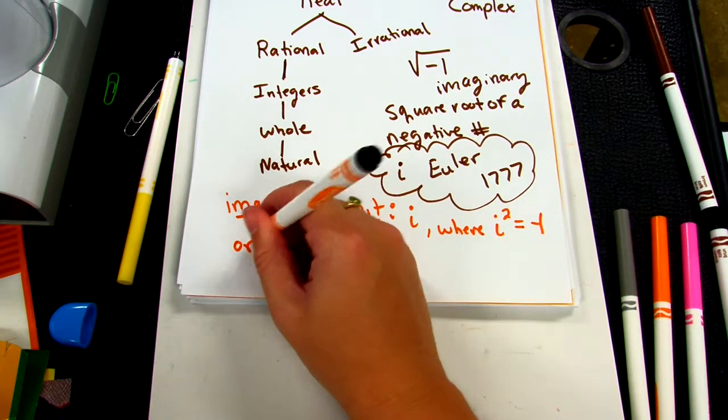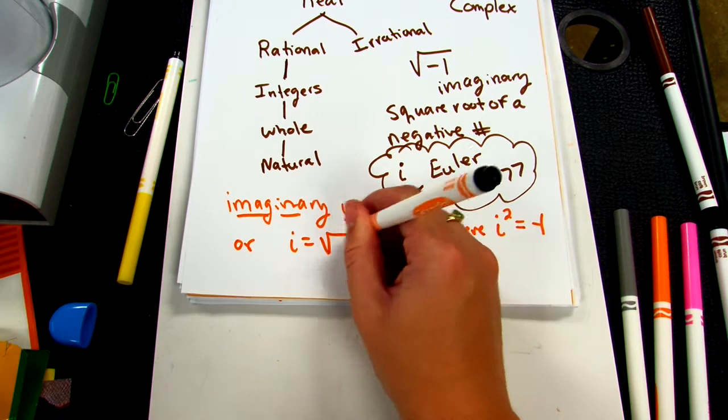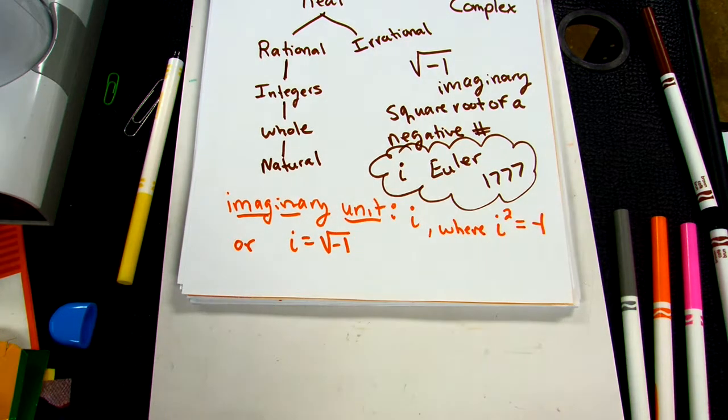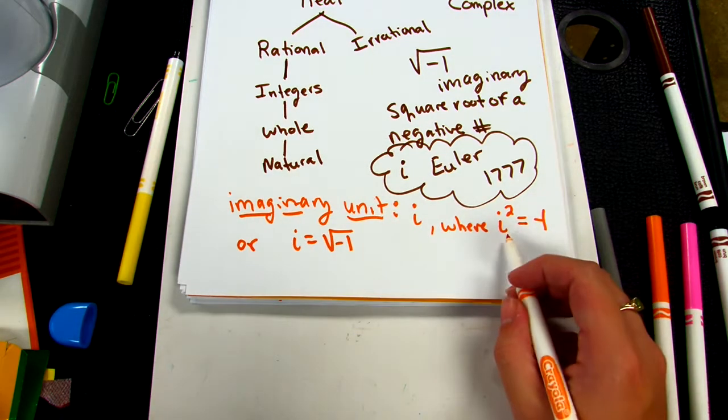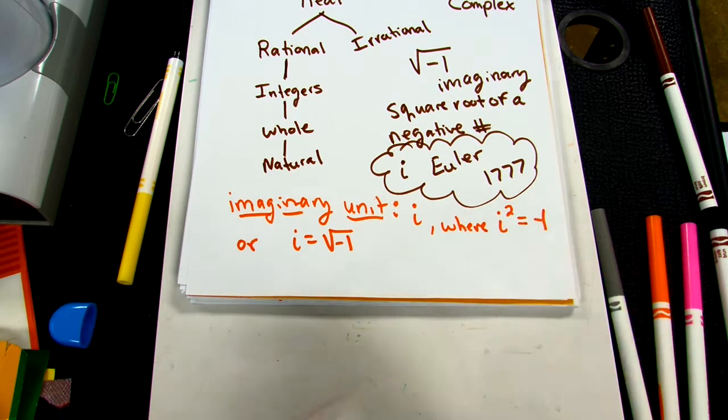Or you could say that i is equal to the square root of -1. So the question is, why is i squared -1?